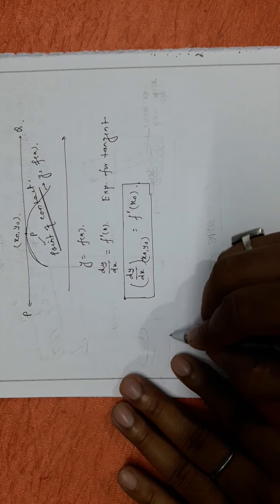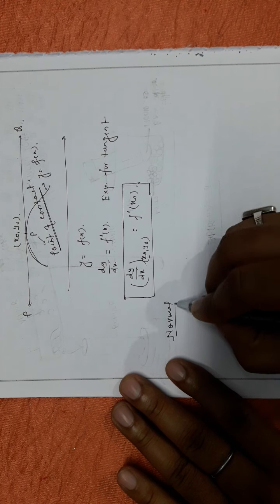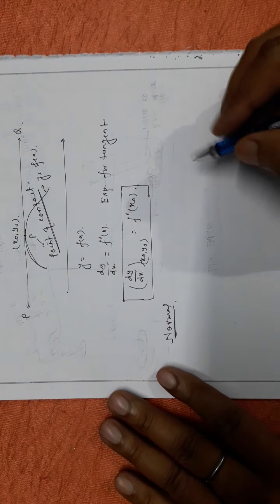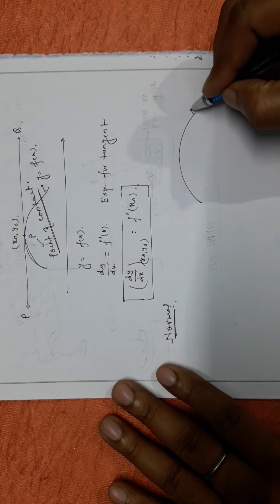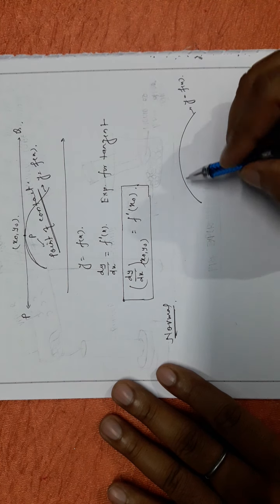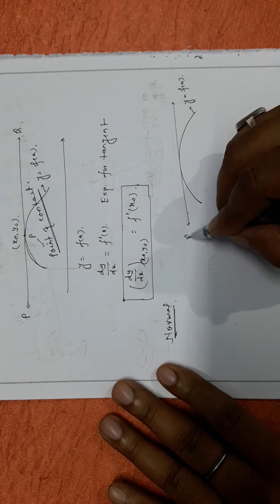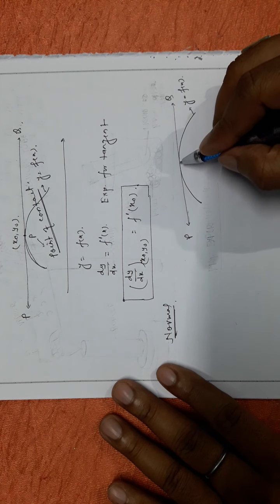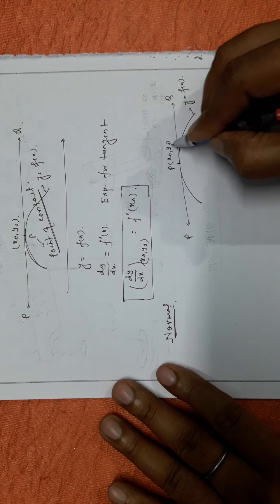Next is normal. What is normal? Again I am considering the graph of the given function y equals f(x), and a tangent PQ, and the point of contact is P, that is (x0, y0).